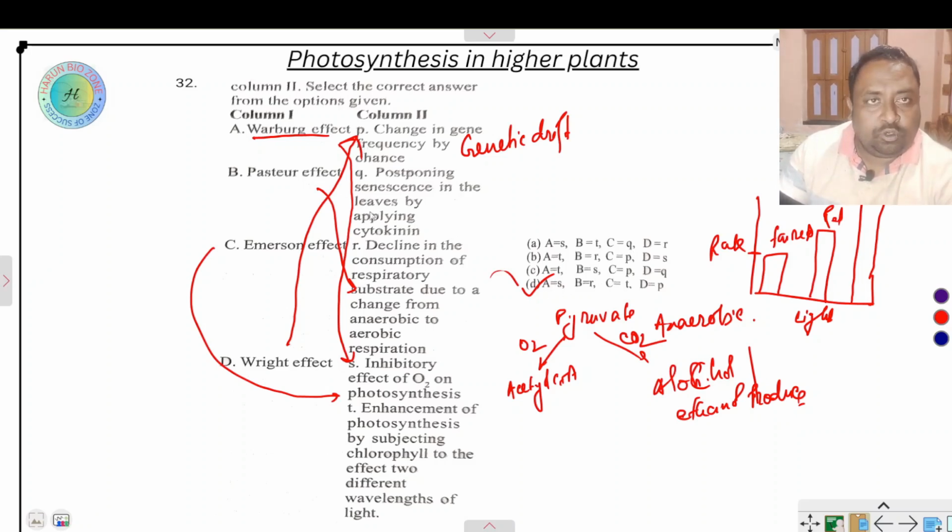Warburg effect means Rubisco is a bifunctional enzyme. Pasteur effect means during the change from anaerobic to aerobic condition, the utilization of carbohydrate is decreased. Emerson effect means the rate of photosynthesis at different wavelengths of light. Wright effect means change in gene frequency.